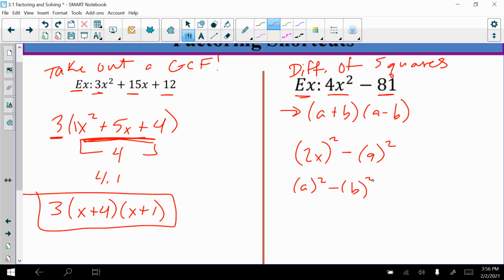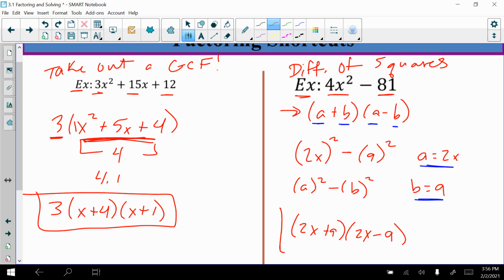So that means that a is 2x and b is 9. So I can take these things and plug them in for a and b in this first equation. So it's going to look like this: a is 2x, b is 9, so it's 2x plus 9 times 2x minus 9. And this is going to be the end of this problem.